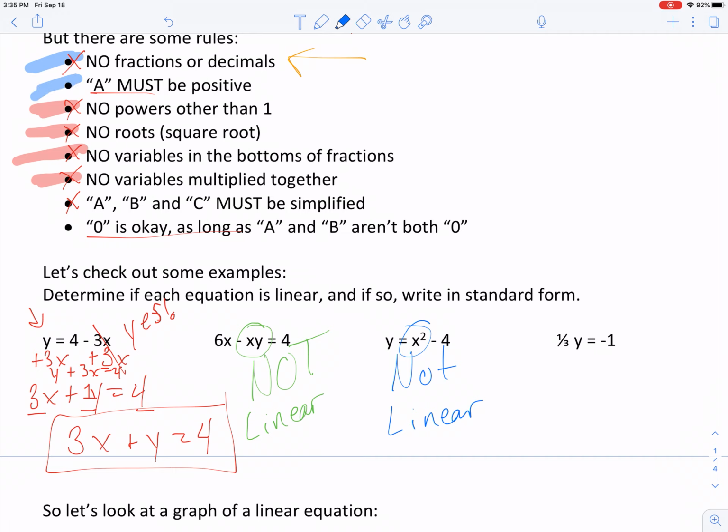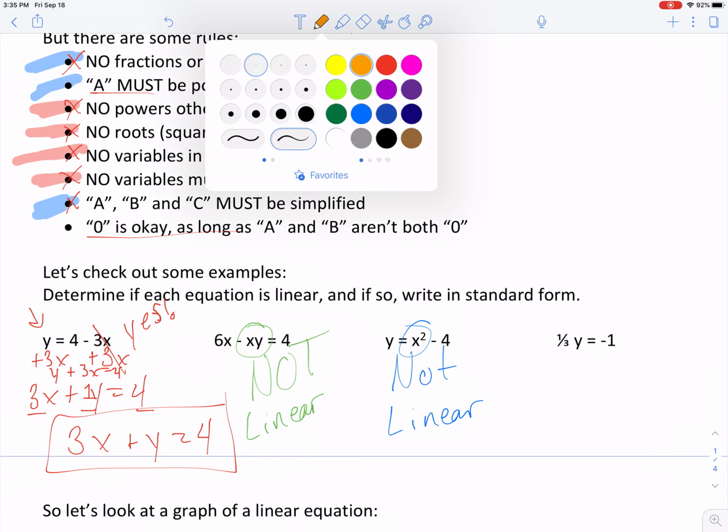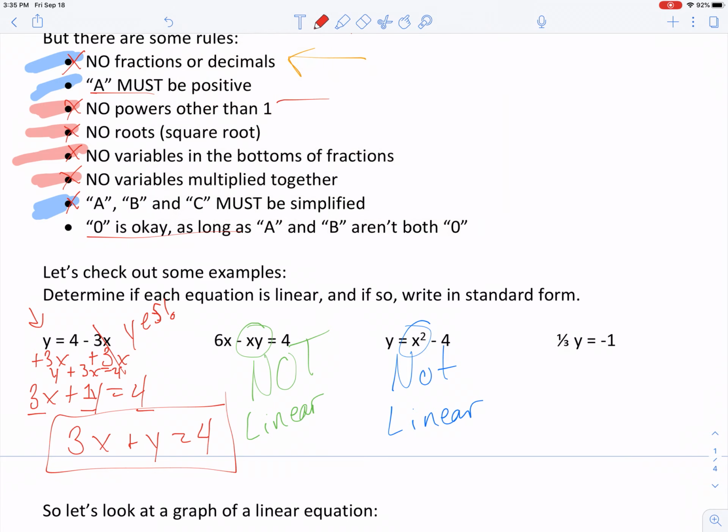Make A positive. And make sure they're simplified. Do the red ones first. The red ones determine, is it linear? Oh, not that one. There we go, try again. And then the blue ones simplify it.